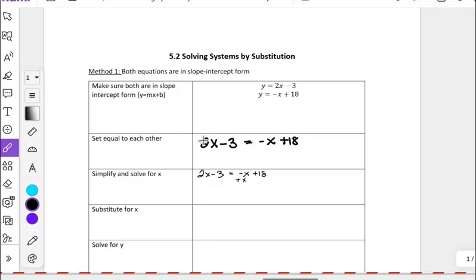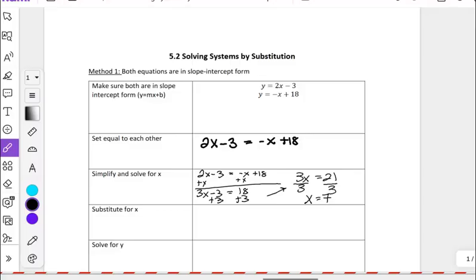I'm going to add the x to both sides. Get 3x minus 3 equals 18. Add 3 to both sides. So then I'm going to get 3x equals 21, and I solve for x. So x is going to equal 7, because 21 divided by 3 is 7.